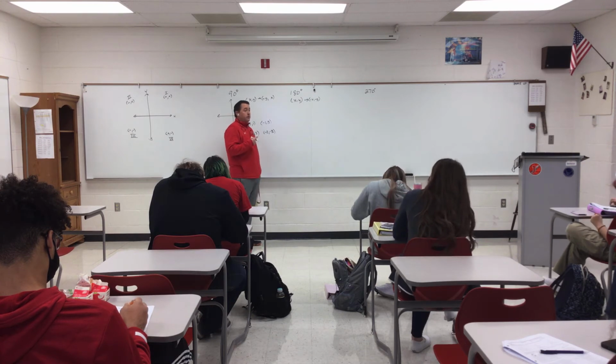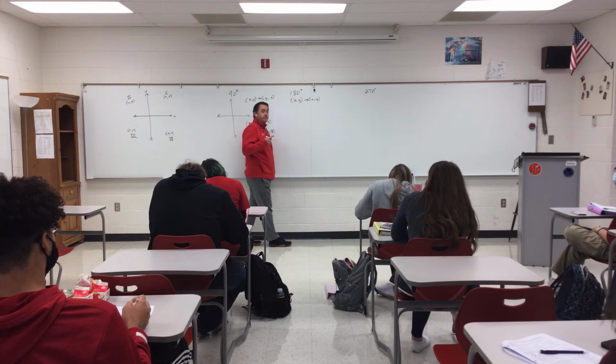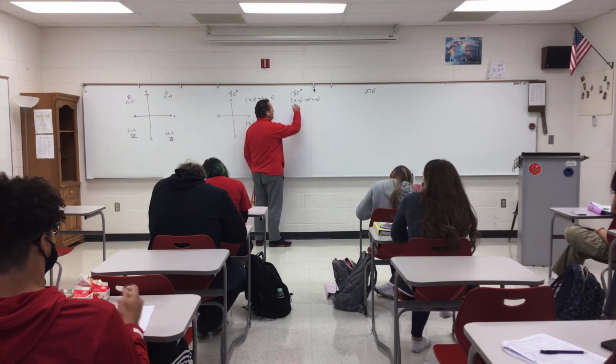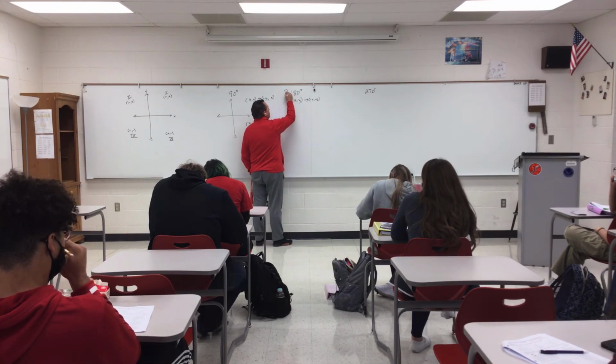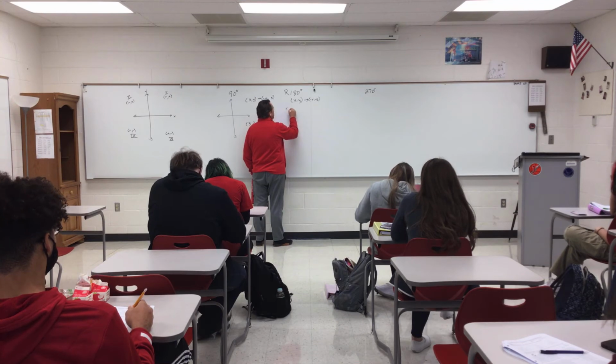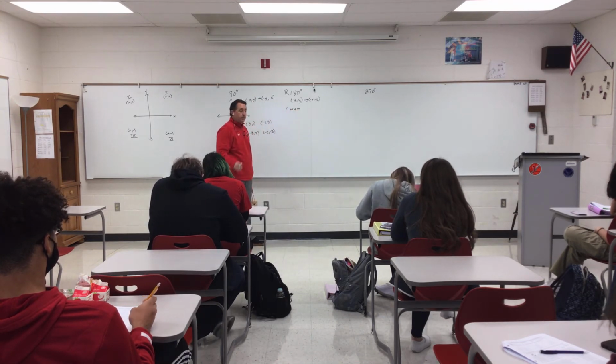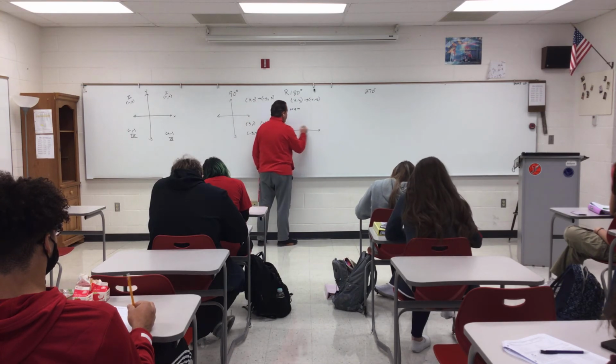Does that look familiar? It's the same thing as reflecting over the origin, actually. We'll talk about this more later, but if I rotate 180, or if I reflect over the origin, which we learned last time, they're the same thing.